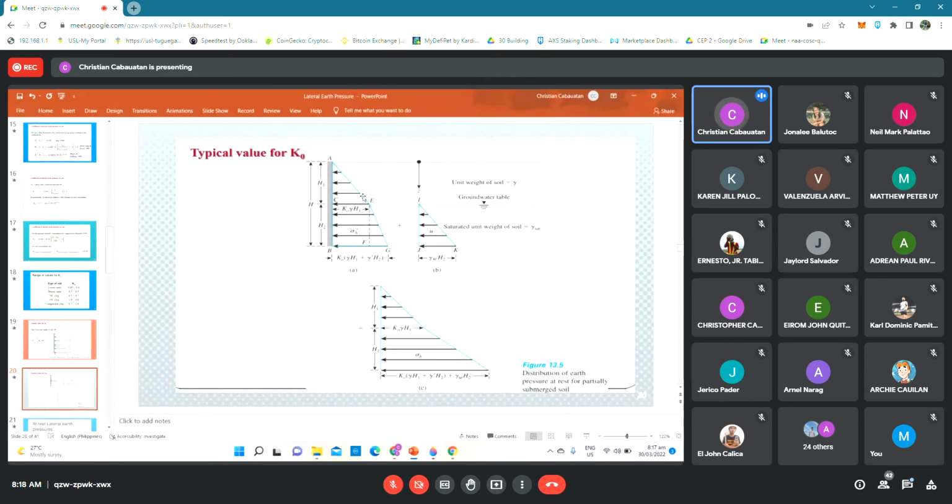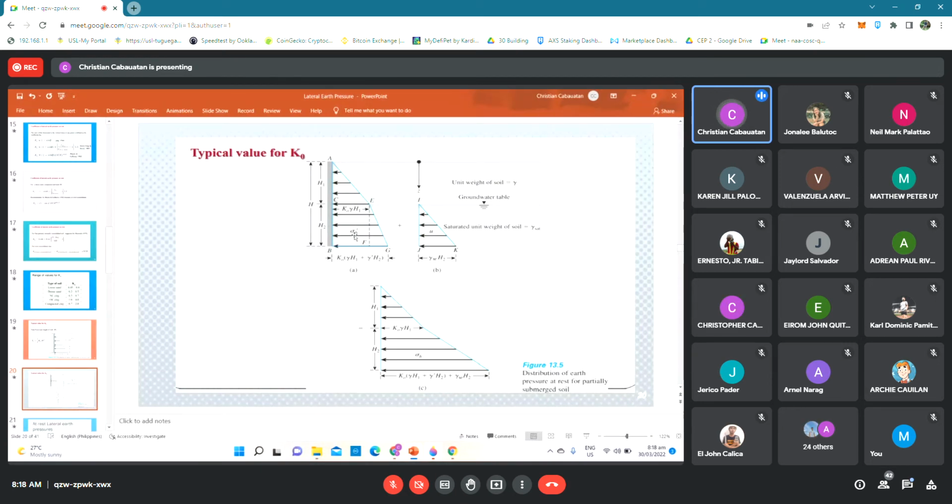And then to get the diagram at the bottom, the first part would be the bottom of the triangle, which you just move down to the bottom of your soil, the value of the first layer for the second layer.